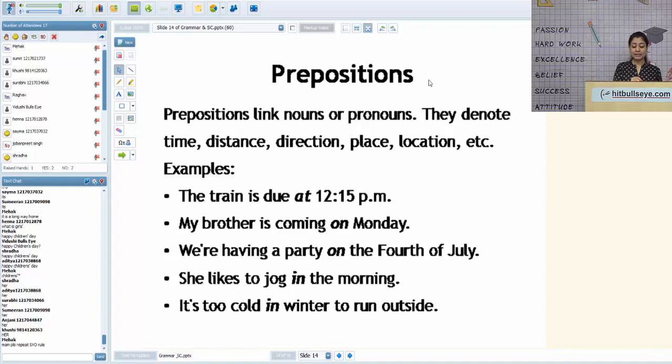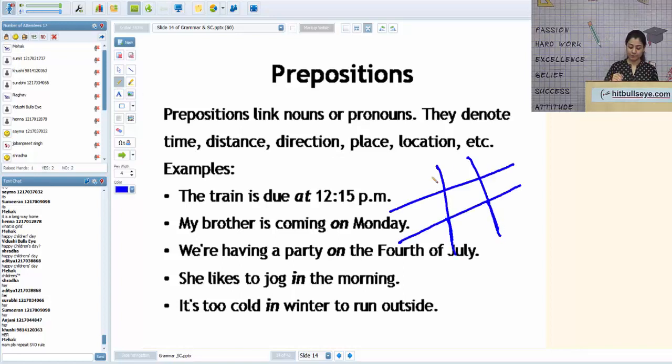So prepositions link nouns or pronouns. They denote time, distance, direction, place, location, etc. We all know about this. The concept here is that one single preposition can be used for different connotations. How? Let's make a tiny table. We have at and we have in. Let's take place and location, or let's take time.